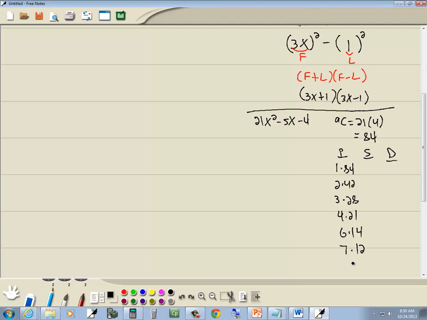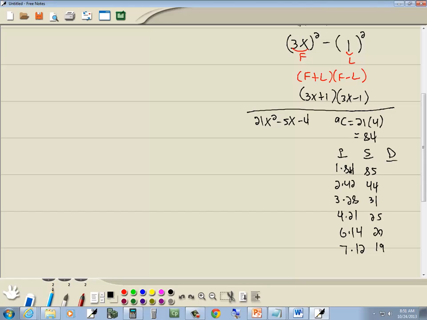I think that's it, actually. So now the S column, I want to add them together. 1 plus 84 is 85, 2 plus 42 is 44, 3 plus 28 is 31, 4 plus 21 is 25, 6 plus 14 is 20, 7 plus 12 is 19.